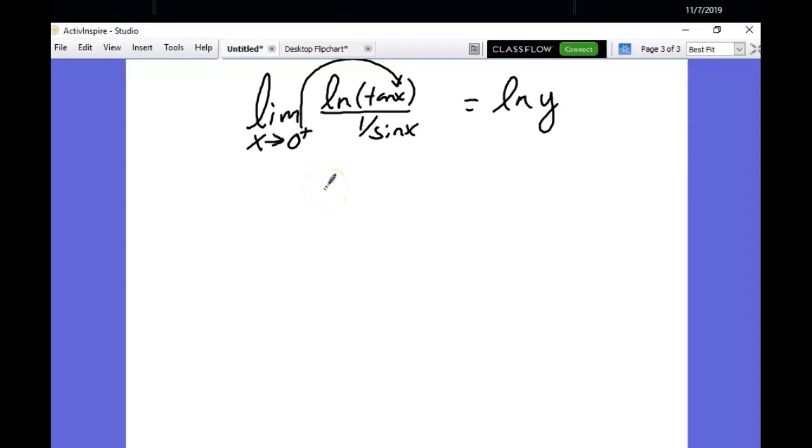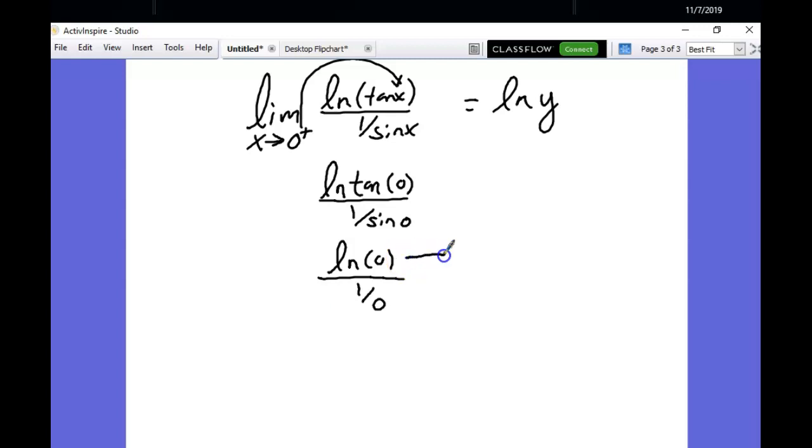And what we get with our direct substitution, I'll show my work here. You don't necessarily need to. But if I plug in 0, tangent of 0 is 0. Sine of 0 is 0. And we know from lesson 3.12 that this is negative infinity. And we know from lesson 3.11 that this one is either going to be positive infinity or negative infinity, depending on what direction we're approaching from.